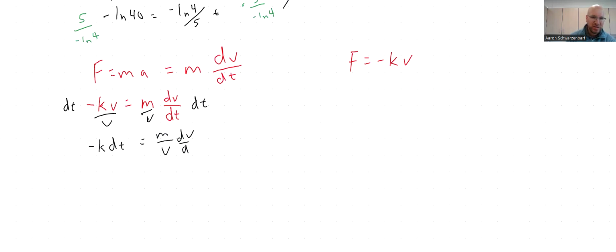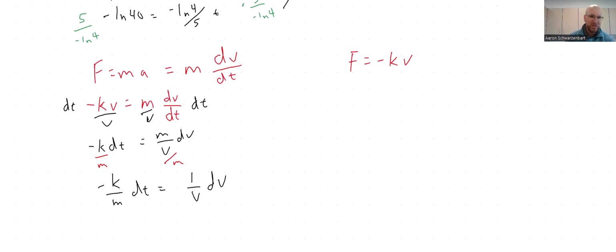I moved the dt, they canceled. For the sake of ease, we're going to put our two constants together, so I'm going to divide by m. Giving me negative k over m dt equals 1 over v dv.